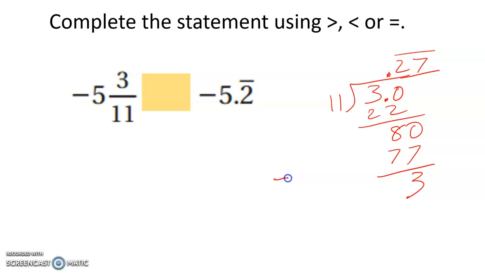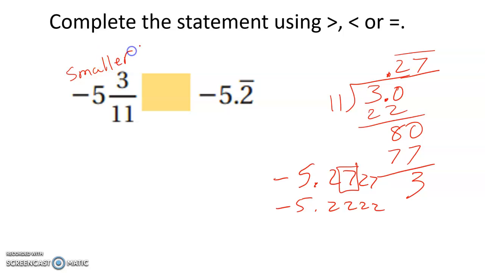So if you have negative 5.2727, and then we have negative 5.2222, the 7's bigger, but since it's negative, this is actually the smaller. So that means it's got to go this direction. It eats the bigger one, points to the smaller one.